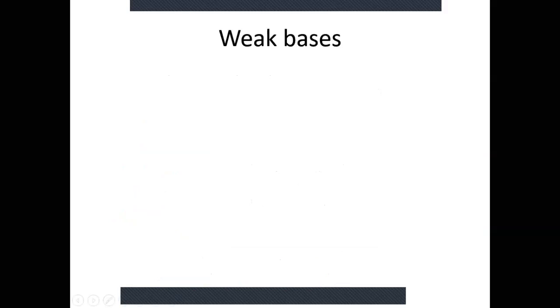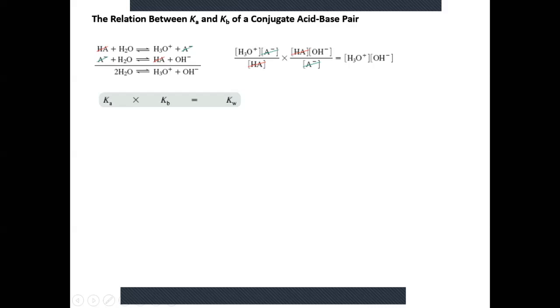So weak bases. Like I said, to get the Kb, sometimes Ka times Kb equals Kw. Here we have an example of a weak base: amphetamine, just like acetaminophen, which is a weak base.